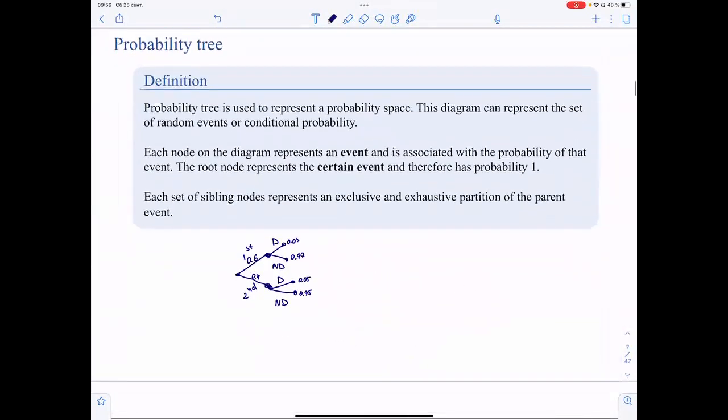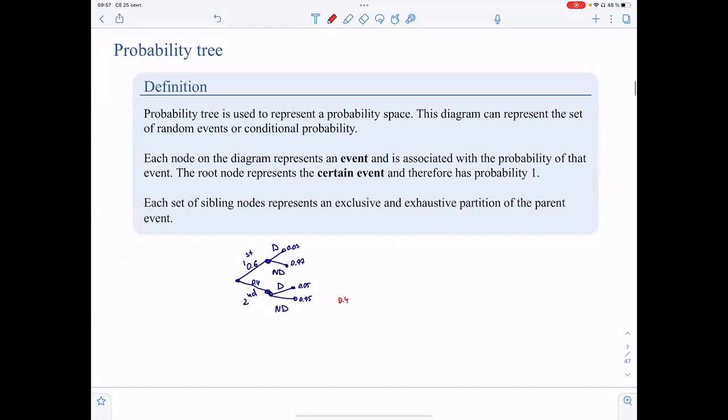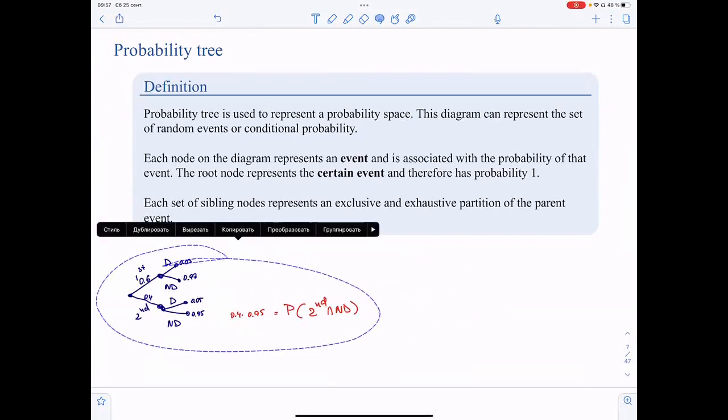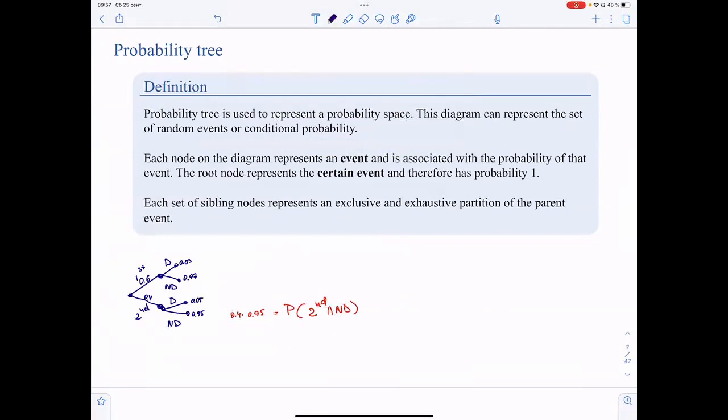And if you need to evaluate the probability that the second machine produced a non-defective detail, then you basically multiply these probabilities. And this is going to be the probability that the second machine produced a non-defective detail. So this is not rocket science. It's just a very nice way to present the problem, just for you to visualize what the problem is about.